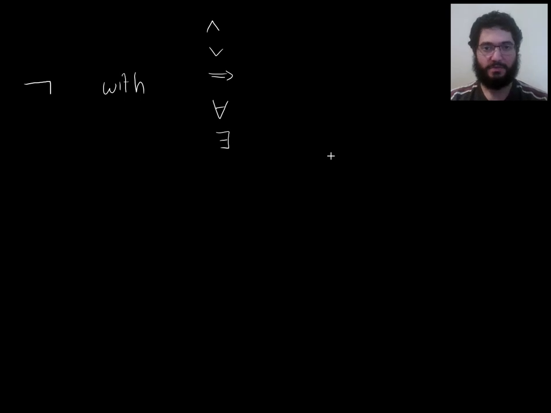So we now have tools for dealing with pushing negations inside logical expressions that involve any of these symbols here. We already knew how to work with negations and or, conjunctions and disjunctions, and that was De Morgan's laws.